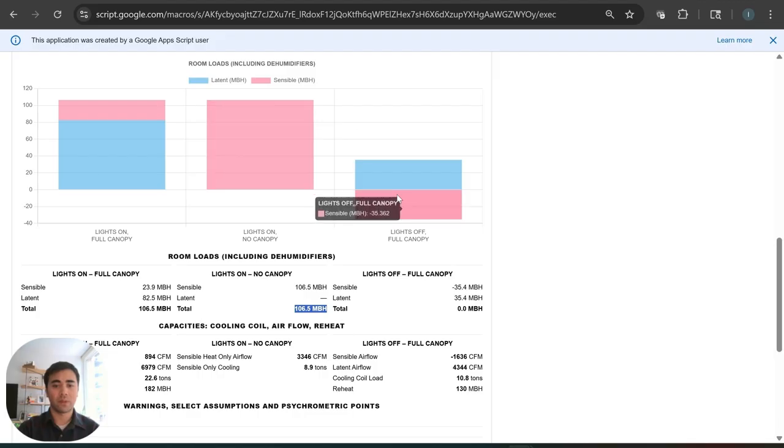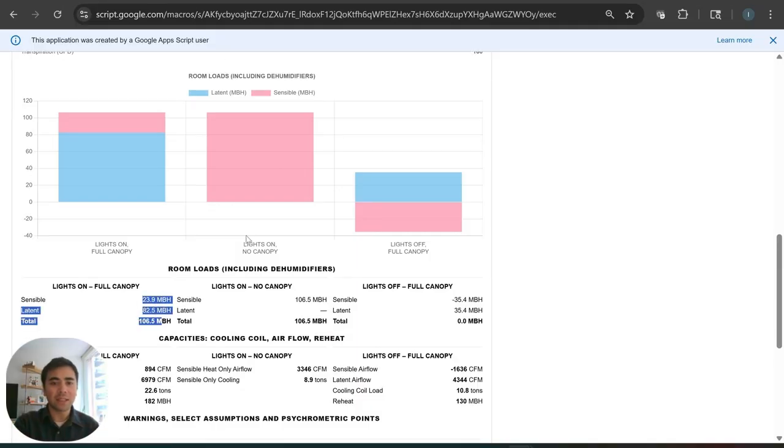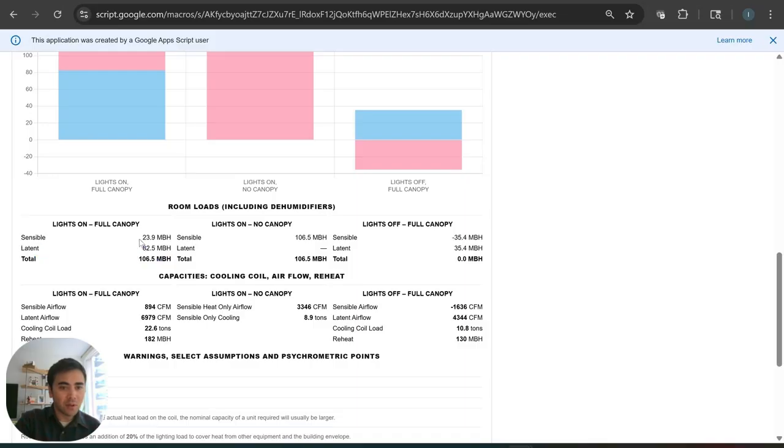So using these loads, the tool then calculates the airflows needed based on the room temperature and humidity and leaving coil temperature to remove these loads. For the full canopy lights on condition, we've got a sensible load of 23.9 MBH and a latent load of 82.5 MBH.